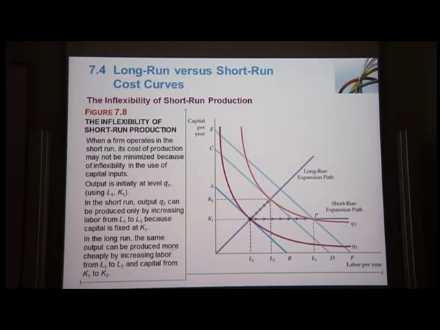So yes, this is a very important diagram, and it illustrates two things: that short run production is inflexible because capital is assumed to be fixed, and that short run production is more expensive than long run production. So make sure that you are able to draw this diagram.